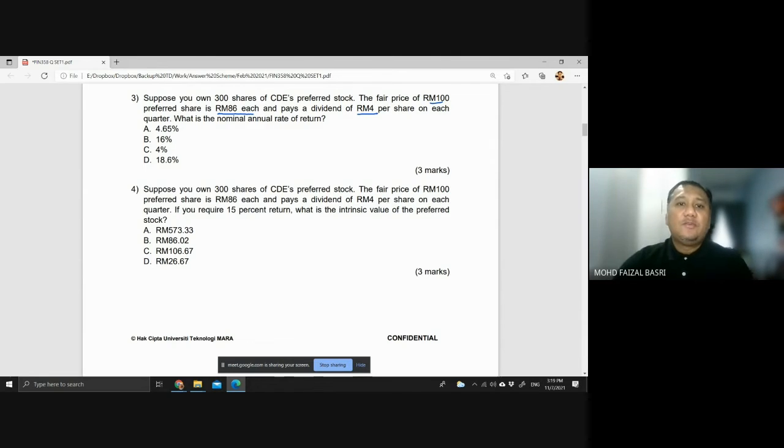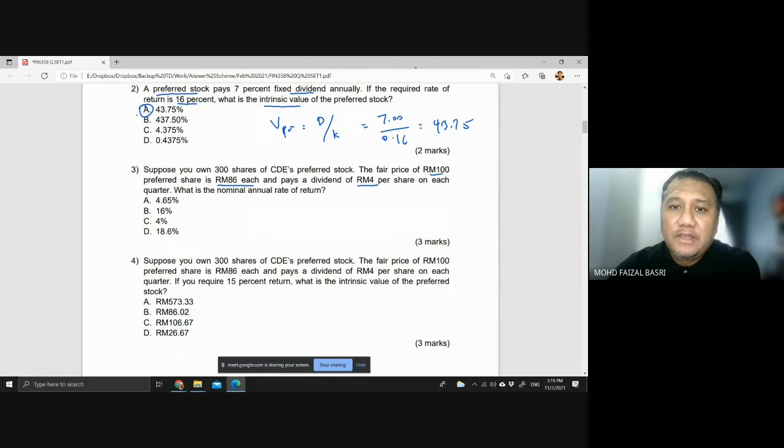So what would be the nominal annual rate of return? So this question asks to find K instead of VPS. Okay, this question asks to find K. So it will be 86 here. The dividend is RM4. So we need to find K.